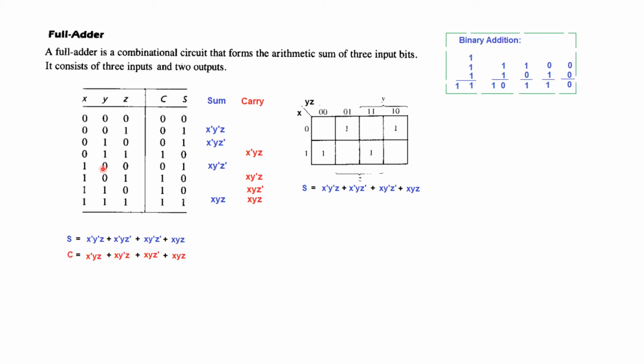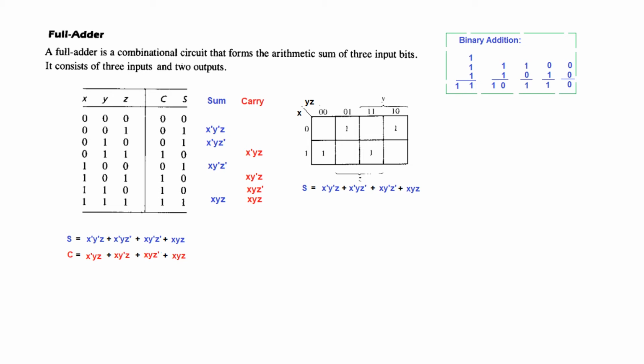So this one is 1, 0, 0, and finally 1, 1, 1. So these are the 4 ones we have put in the K-map. Since we cannot further simplify these, we'll write the answer just like this.